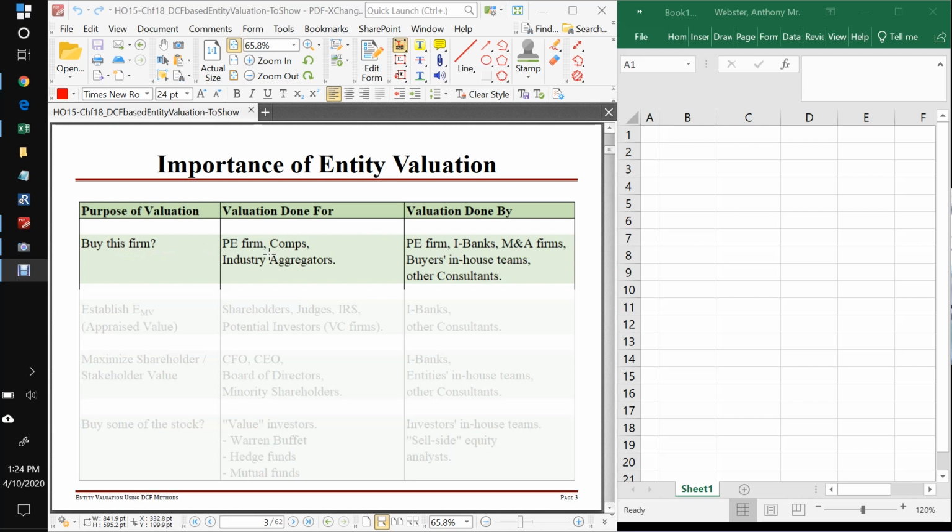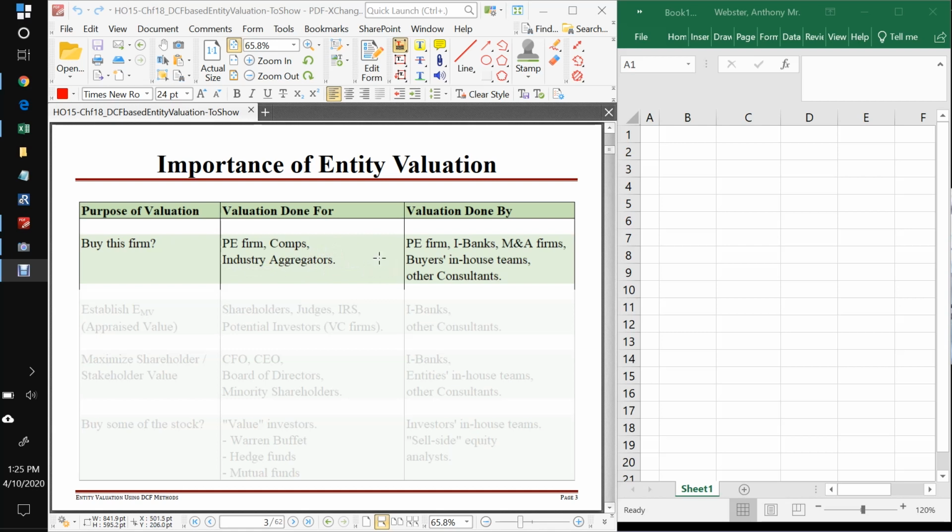Also, we might be a competitor of a firm in the same industry, like, for example, JetBlue thinking of buying Continental. And we might also be what's called an industry aggregator, and that would be the case where we have a mom and pop kind of industry with no big players across the nation, and we've set out to buy a bunch of them and become a commanding nationwide player.